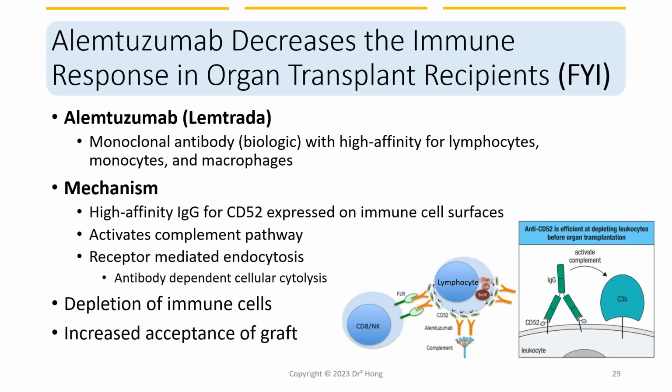And lastly, we have some additional information. This is an example of a monoclonal antibody that binds to CD52, which is highly expressed on the surface of lymphocytes. They can activate the complement pathway and lead to receptor-mediated endocytosis.